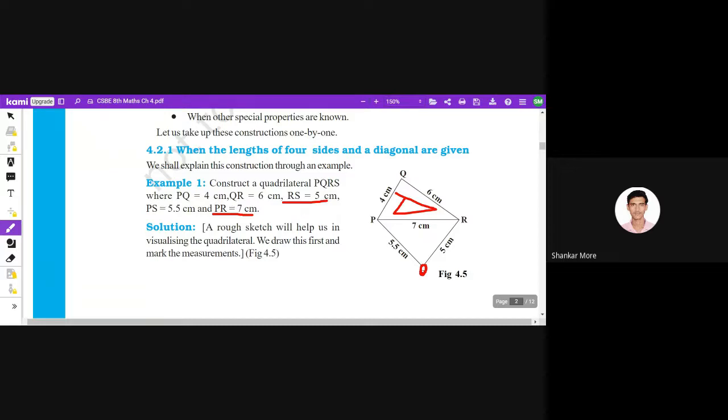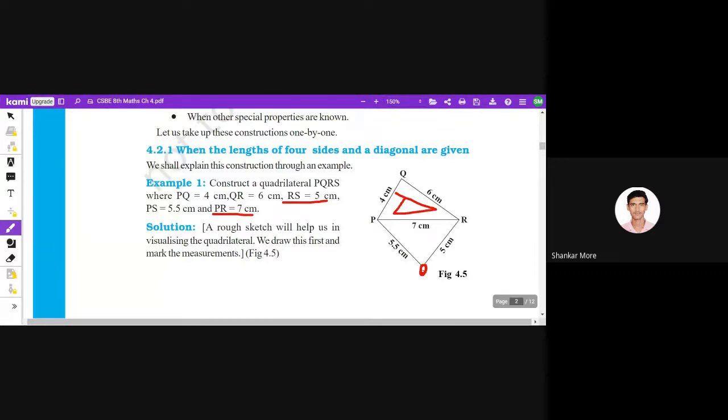So PR is the diagonal that we are going to draw first, and then step by step we are going to draw the other sides as well. Let us suppose we have to draw PQ and QR.